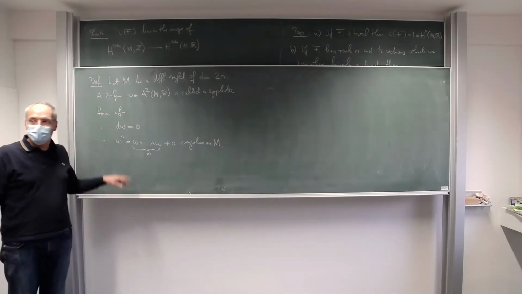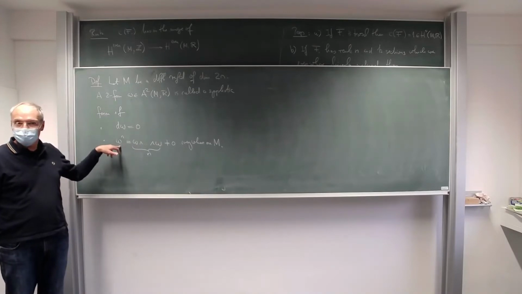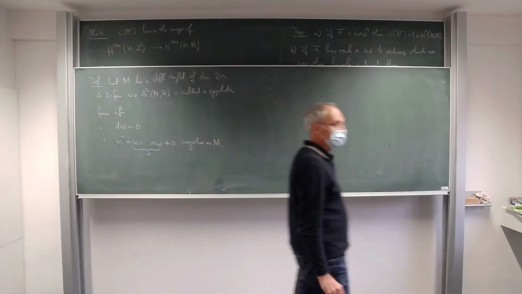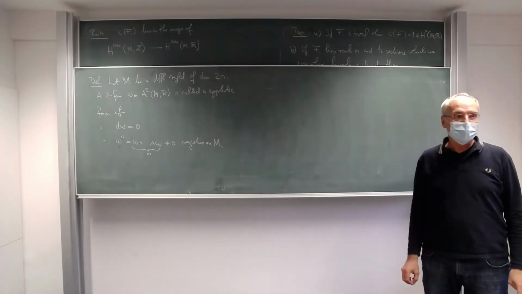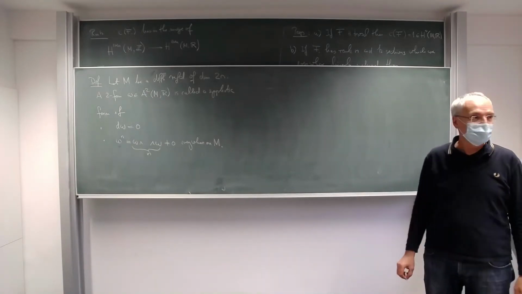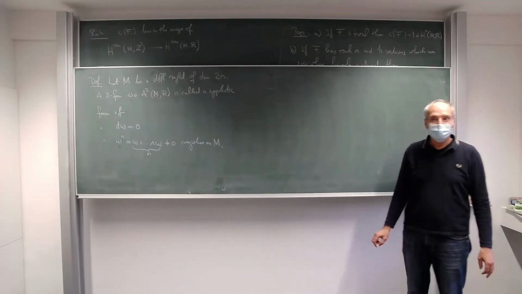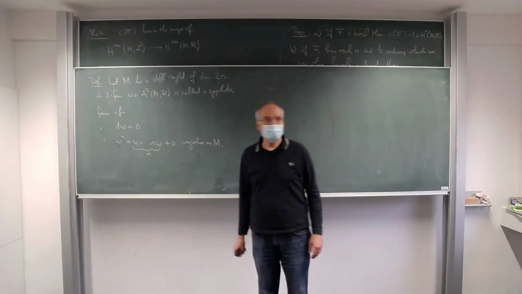So what is the rank of the bundle in which this lives? That's a section of a certain vector bundle, namely the 2n-fold exterior product. So what's the rank of that bundle? What's the freedom that I have in order to get this?